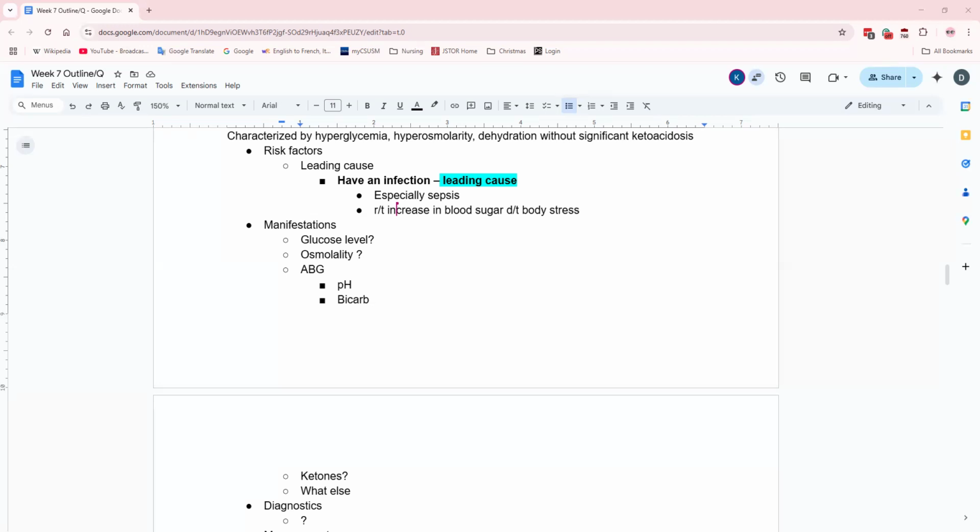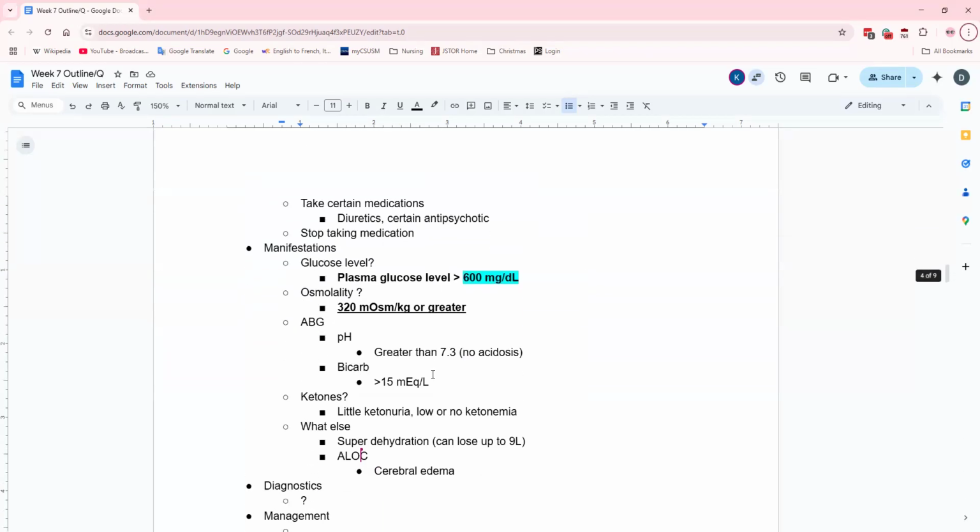Ketones are mainly for DKA. Can you still see them in HHNS? Yes, but not to the point of causing much to go on. With up to 9 liters a day of water lost, that's super dehydration. With fluid shifts, you can have cerebral edema leading to altered level of consciousness. The diagnostics are the exact same as above.